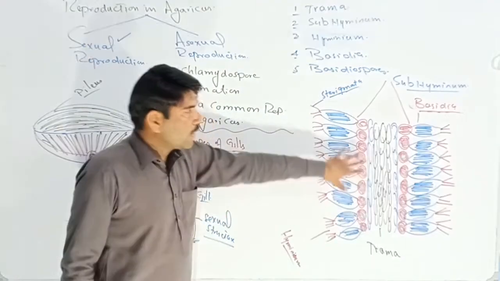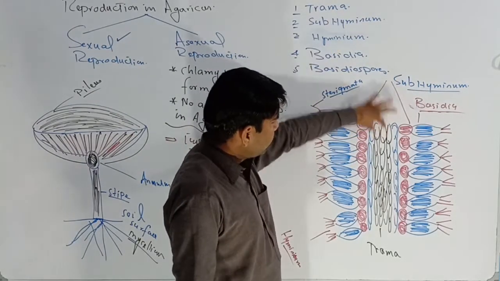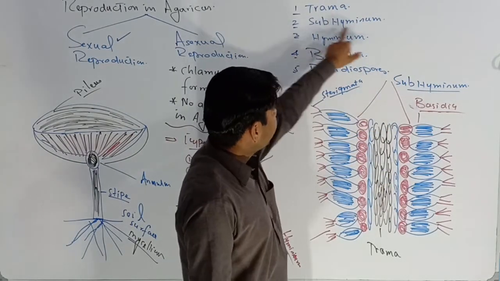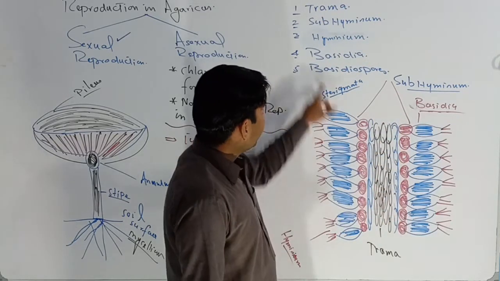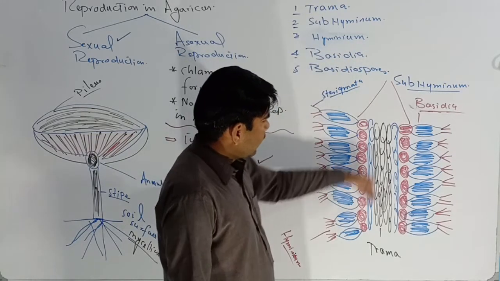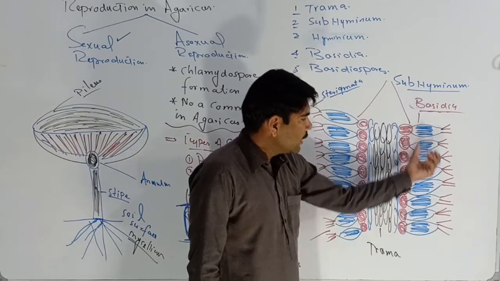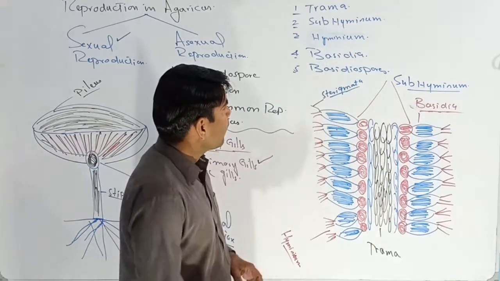The sexual parts we are discussing here: the first is known as the stroma, which is present at the center. The second is the subhymenium, which is present in the peripheral region, and the next is the hymenium. These are elongated cells, and these elongated cells are known as basidia.